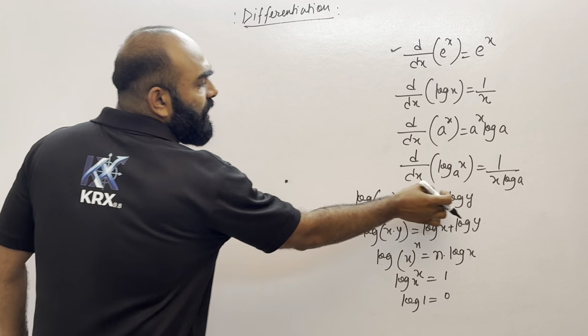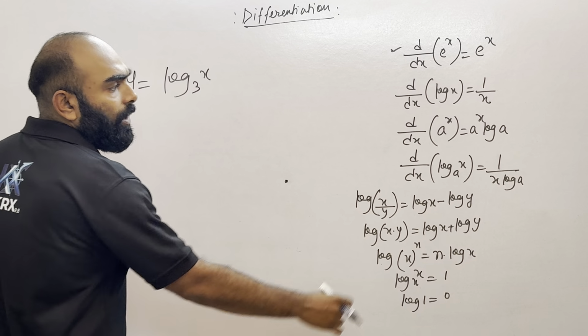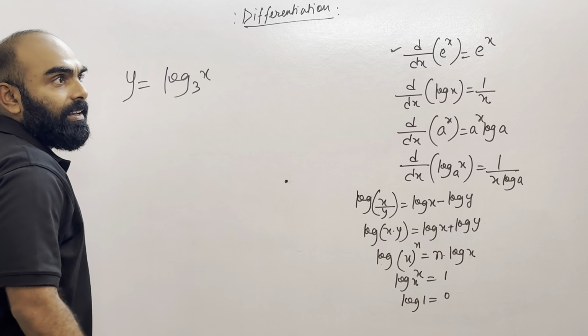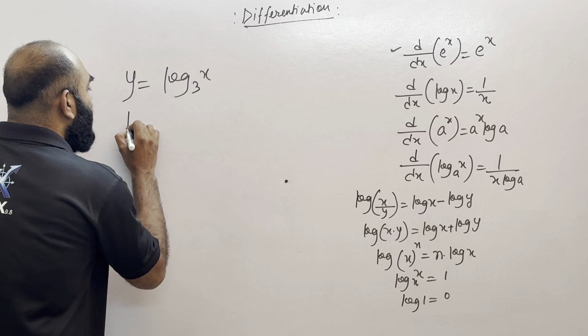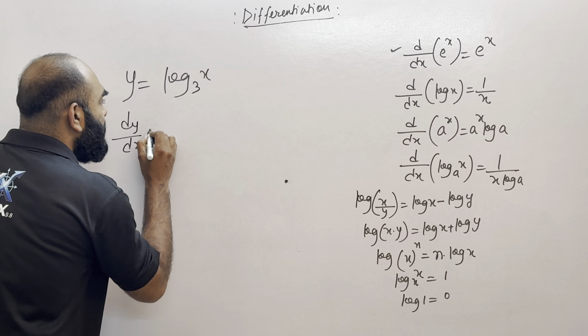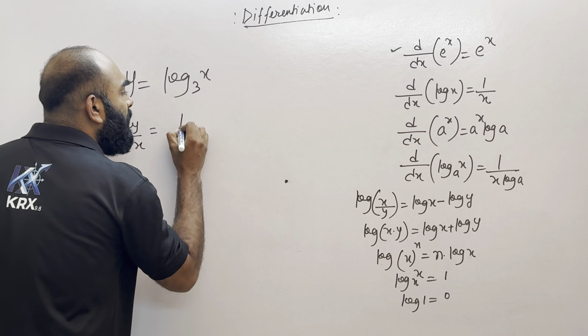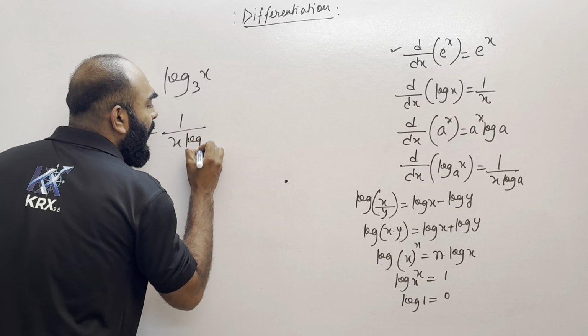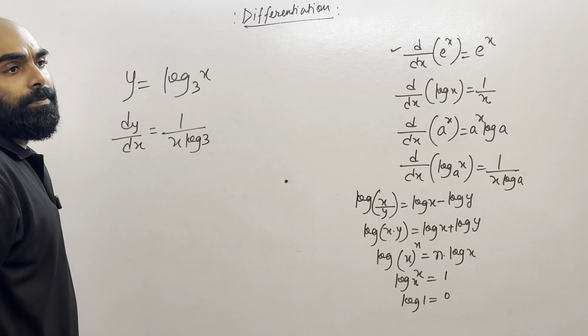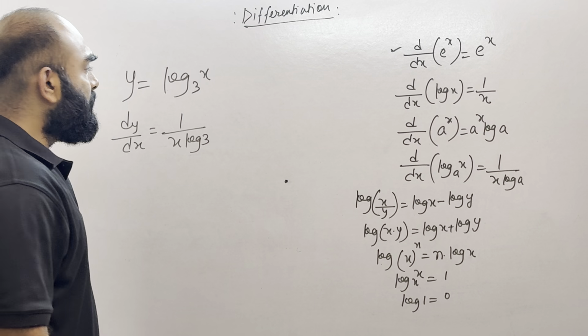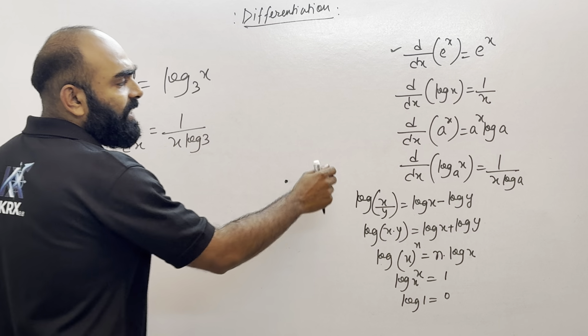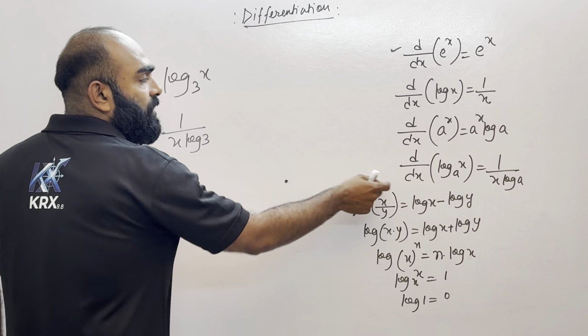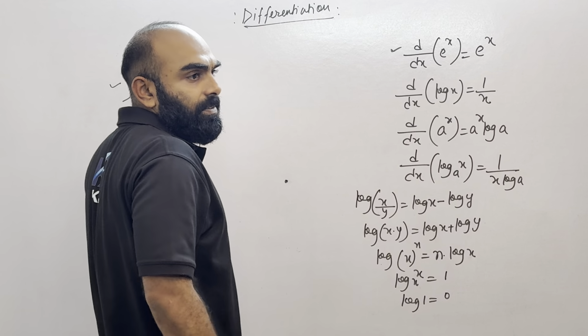This is totally based on this one, log x to the base a. What will be there? Directly you do dy by dx is equal to 1 by x log a, that is 3. So this one is very simple. I have just taken this one because this question is based on this differentiation.